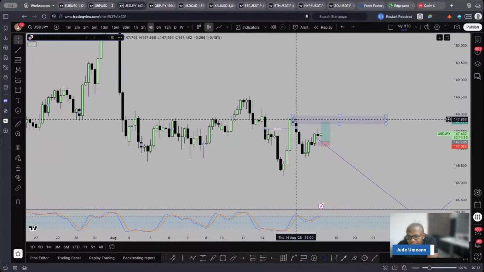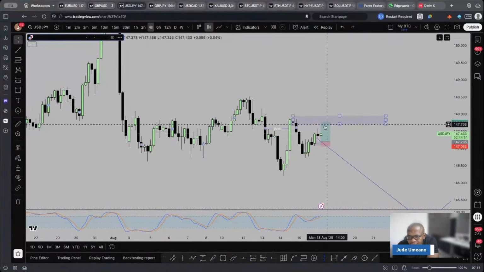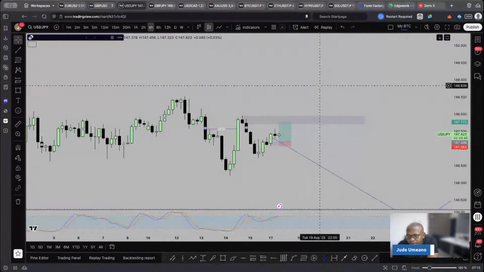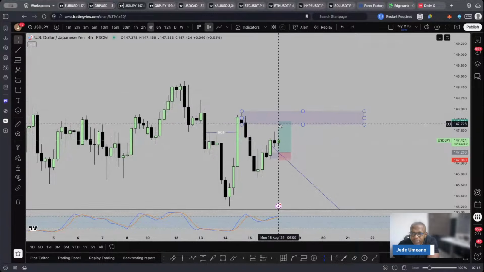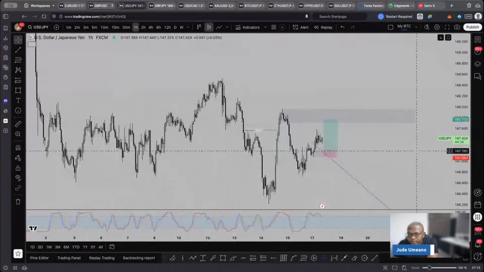Okay, and it tapped into the demand zone, we came lower, so I see it's being taken, but however, it's not my concern. My concern is to trade to that particular point because it's going to take a long time for that to actually happen. So we're going to go down to the 1 hour time frame and see what is possibly happening.